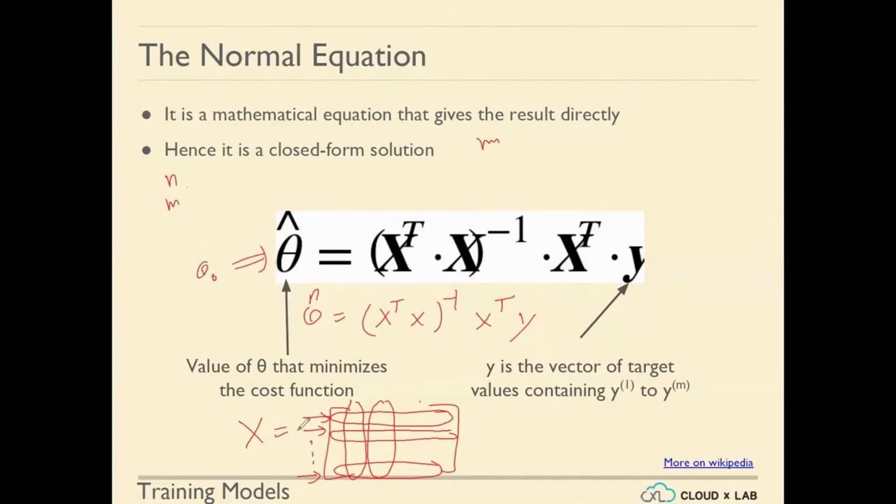Now, can you tell me the shape of X, Y and the theta vector? Since we have n features, the input will have feature values X1, X2 up to Xn, right?